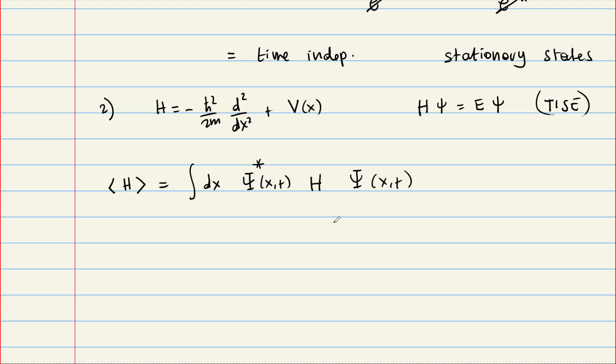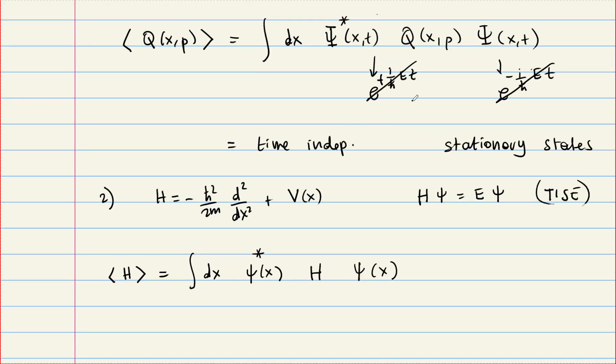And since time is dropping out over and over again, maybe I can just speed it up and skip that step. You can simply write lowercase psi, and this is lowercase psi. There is no time anymore because cancellation is always like that for separable states.